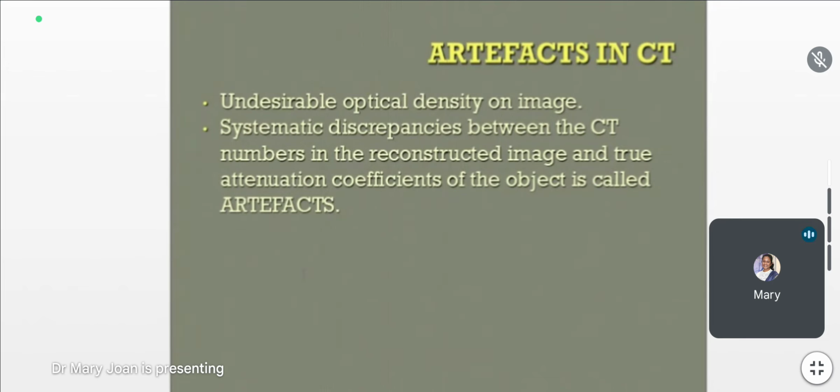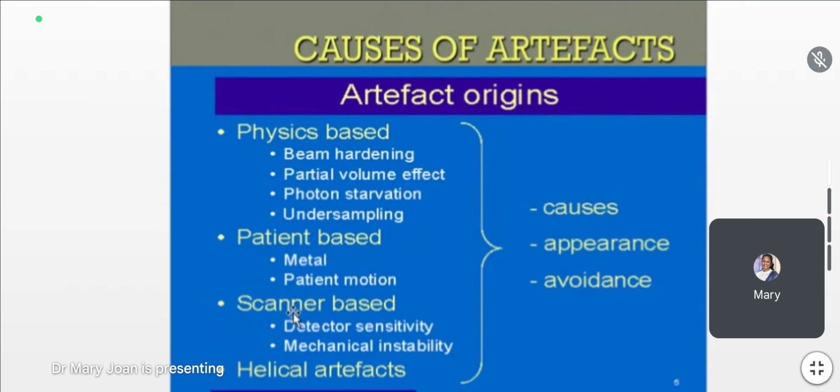Coming to artifacts, an undesirable optical density on an image, in general, we can call an artifact. Systematic discrepancies between the CT numbers in the reconstructed image and the true attenuation coefficients of the object are called artifacts. There can be different causes and different appearances of artifacts. They can be physics based, patient based, scanner based, and there can be helical artifacts.